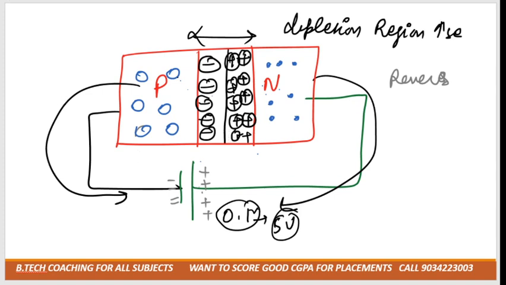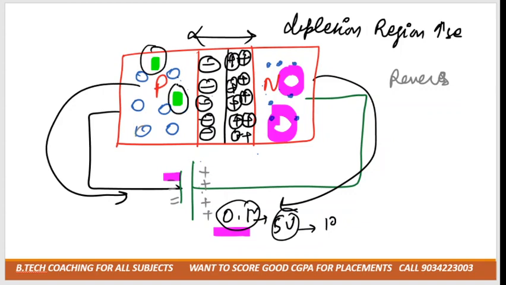See how it happens exactly. As you can see, there are many holes and few electrons, and in this side many electrons and few holes. So negative and negative repel each other. If we increase the voltage from 0.1 to 5 volt, or up to 10 volt, these minimum number of electrons will get energized, yes or no?